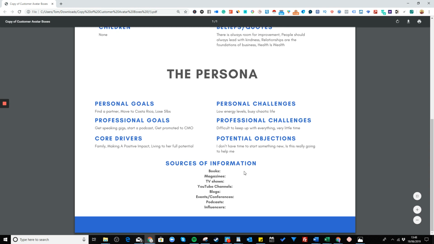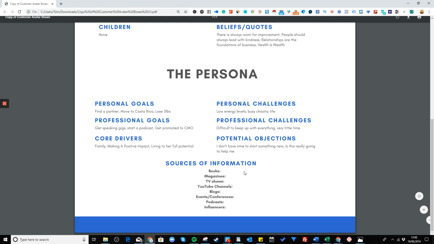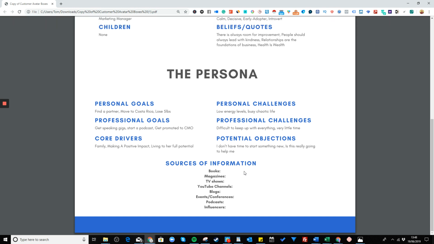Sources of information. This can just get you thinking about where might be some good places or even good partners to partner up with. Potentially guest blogging on somebody's blog site, or maybe a podcast appearance. But things like books, magazines, TV shows, what kind of YouTube channels does she subscribe to? What kind of events and conferences does she go to?